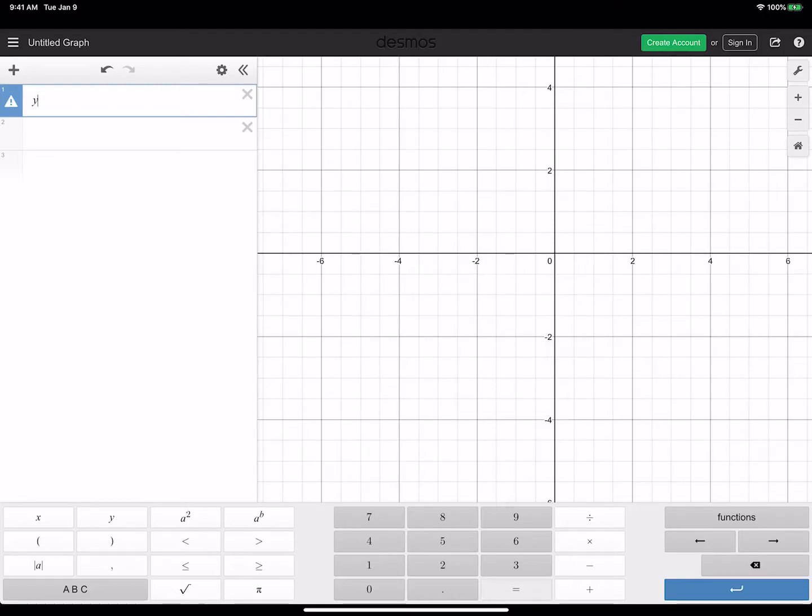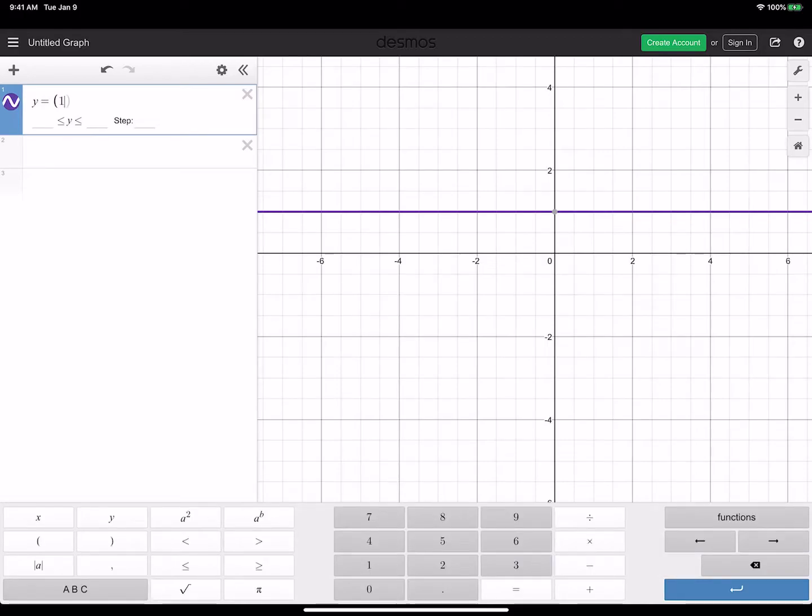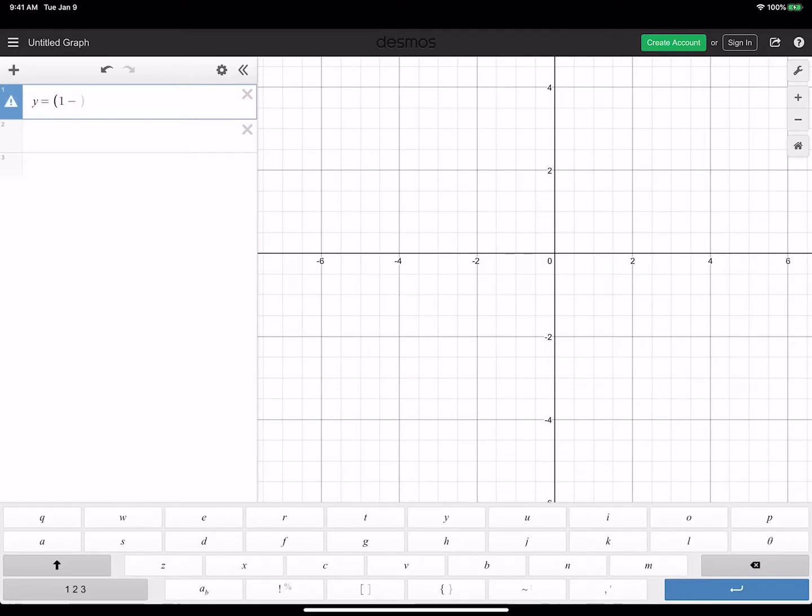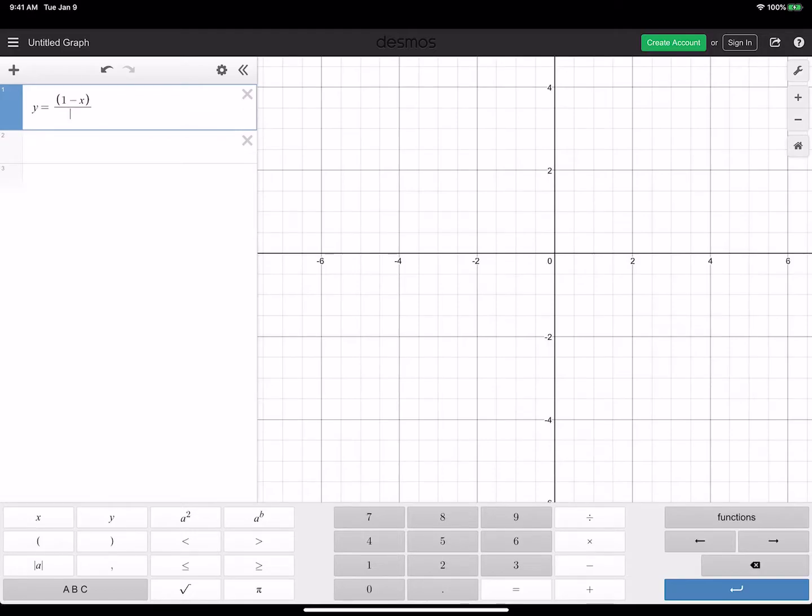Y equals, put a parentheses, 1 minus the x. And then we're going to divide here. Divide by what? 1 plus what? x. There's x. Okay, double check this curve here. Isn't that essentially what we've been looking at and doing by sketching?